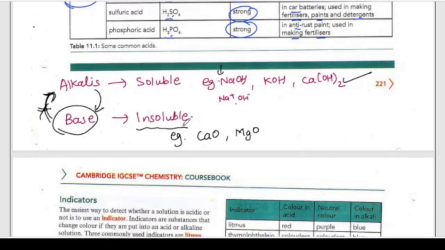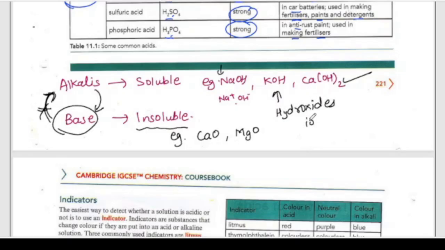Now also one more thing, as we have studied that hydrogen ions are present in acids, in the same way when we define alkalis or bases, because alkalis can be called bases, right? So when we define a base, we say that the alkalis are the ones which have hydroxide ions.